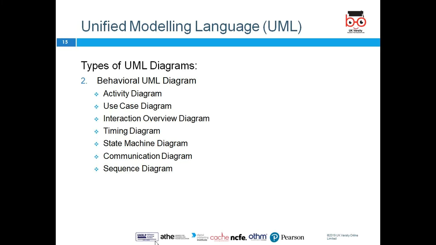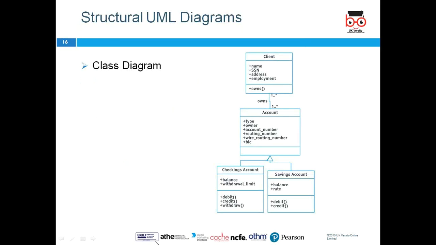Nouns would be the classes, and verbs would be the use cases, and you play around with these things. Now let us go through quickly. The class diagram looks like that. The client is a noun, the account is a noun, and obviously there is some association between the classes as well.